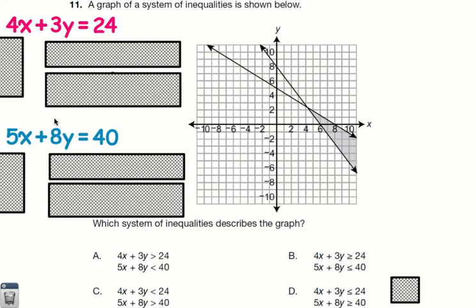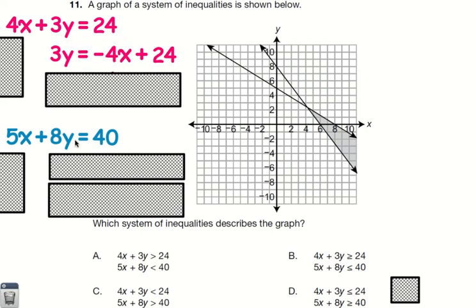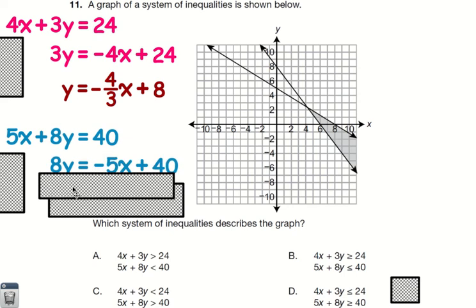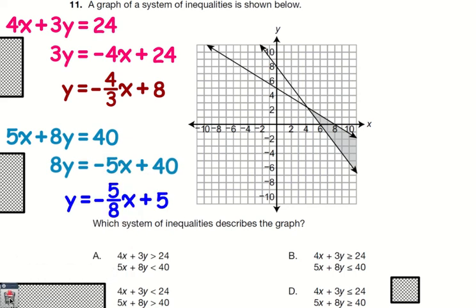So we can just take these basic 5x plus 8y equals 40, and 4x plus 3y equals 24, and we can put them in slope-intercept form. I'm not going to go through all of the explanations about how to do that, but when you put this in slope-intercept form, we get this.